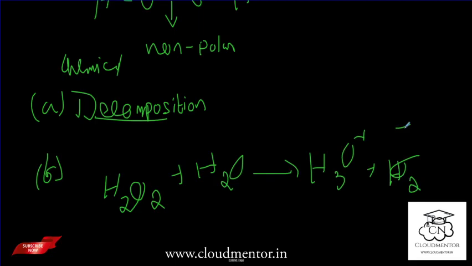The dissociation constant is 1.4 multiplied by 10 raised to minus 12 at 298 Kelvin.